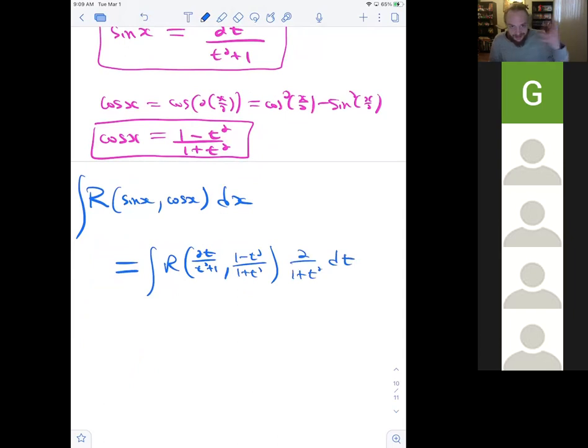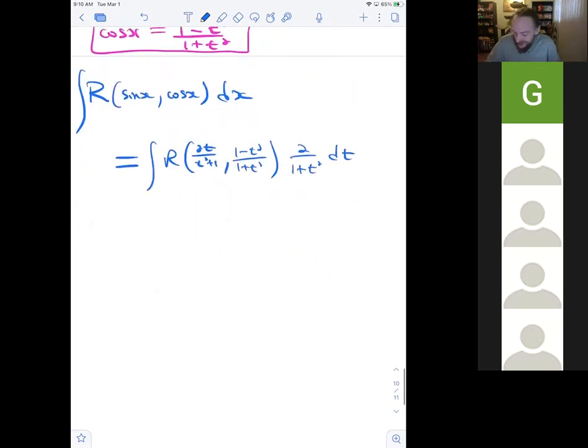Because those two arguments are rational and the R guy is a rational function, all of this will be rational in t. So the idea was we've taken this rational function in sine and cosine, which I don't know how to integrate, I've used the universal or Weierstrass substitution, and I've created a rational function in t, and I can use partial fraction decomposition, or Ostrogradski's method, to do partial fraction decomposition on this.